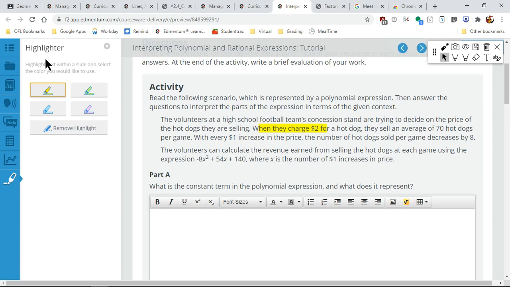So I'm going to highlight that. You just highlight it with your cursor and then hit the little highlighter. The average sale of hot dogs is 70. That's a different fact. Every time we increase the price, that's a terrible color, the number of hot dogs decreases by 8.